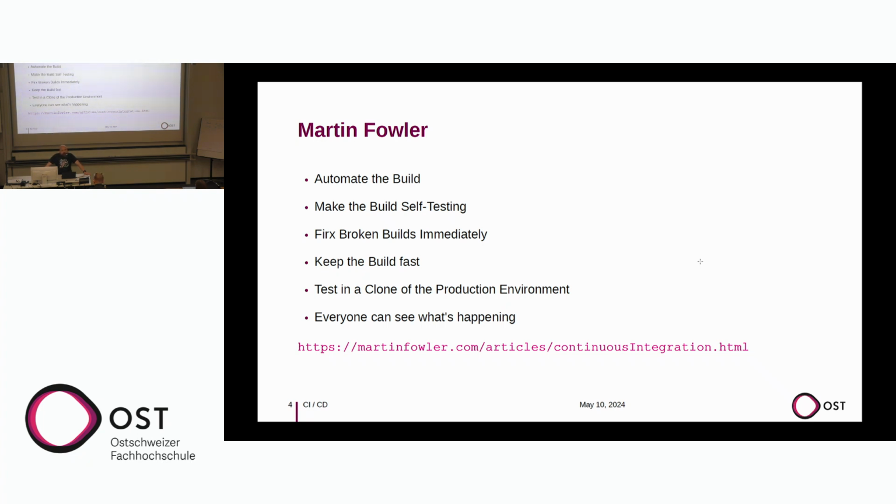In the old programming decades, a build could take hours. The goal here would be to have smaller pieces and to be able to test them, to build them. And in the end, we also want to test on something that is as close as possible to the production environment.